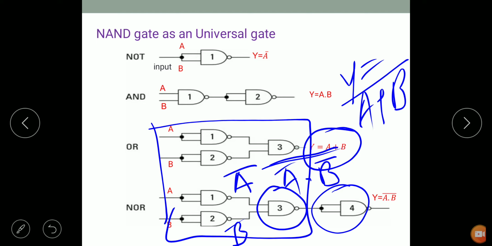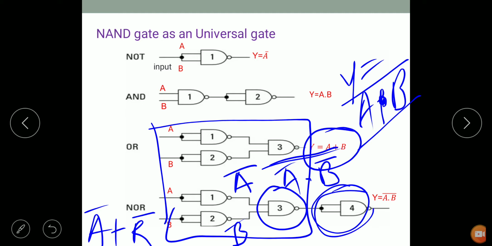So this is A dot B whole bar. So this is nothing but the NOR operation. Now we use De Morgan's theorem, because the NOR operation is A bar plus B bar, right? Because here a dot is present, so it is not the NAND operation.